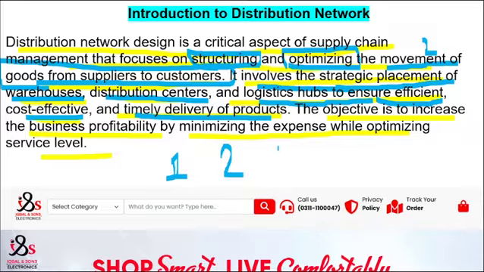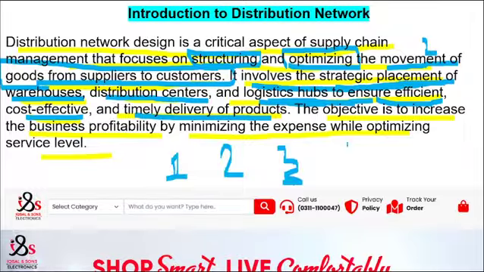Third thing, which involves the strategic placement of what? Placement of warehouses. It contains the warehouses, distribution centers, and logistics hubs. The structure consists of these parts: warehouses, distribution centers, logistics hubs.